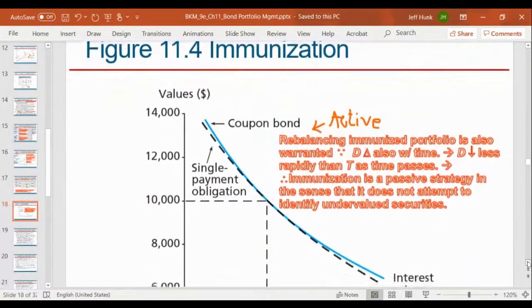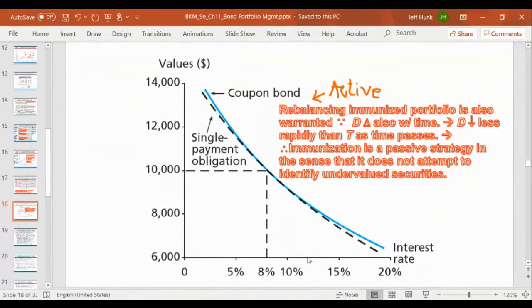So, I went all the way back to explain that concept of a straight line duration. Now, this graph explains that concept of rebalancing.